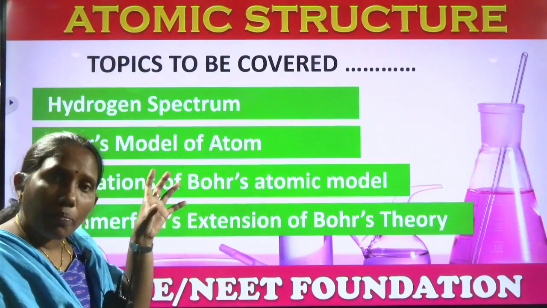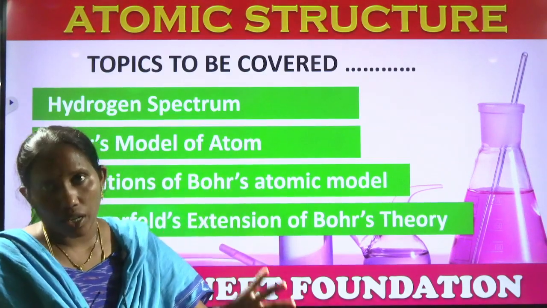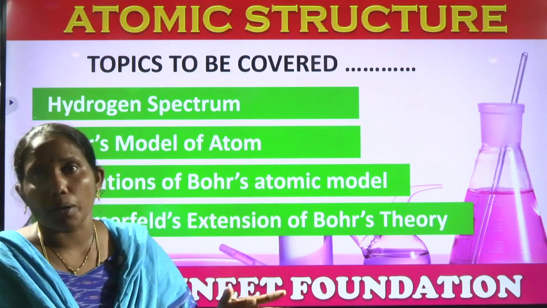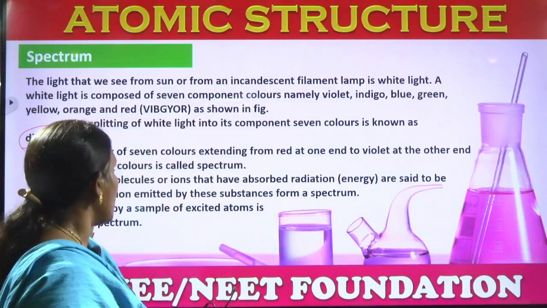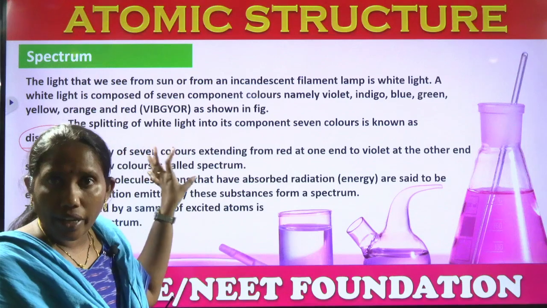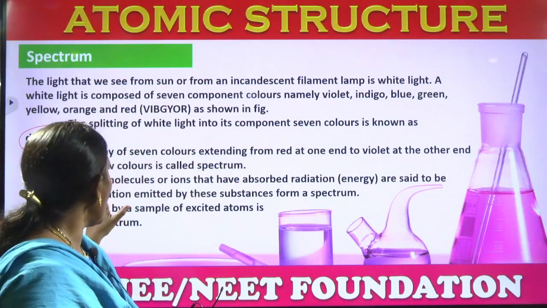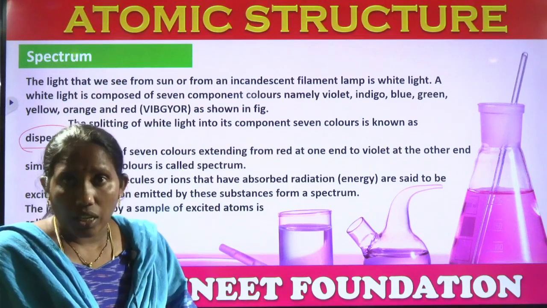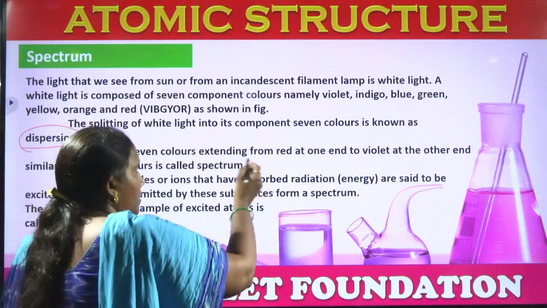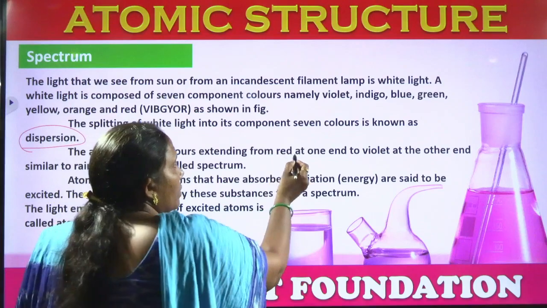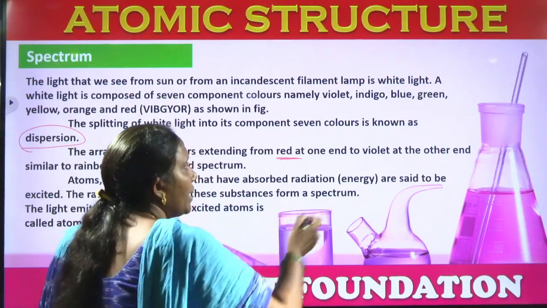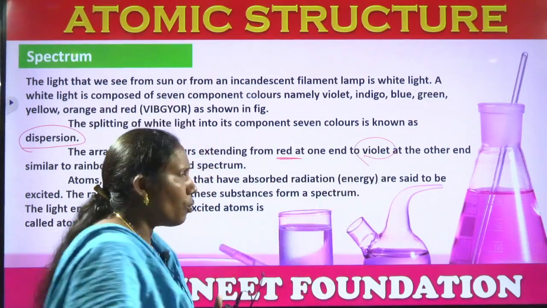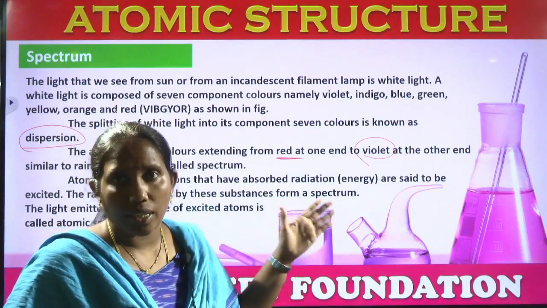So because of the dispersion of white light, we are able to see these many colors. And also the arrangement of those 7 colors, from red at one end to violet, like VIBGYOR, we can also see.